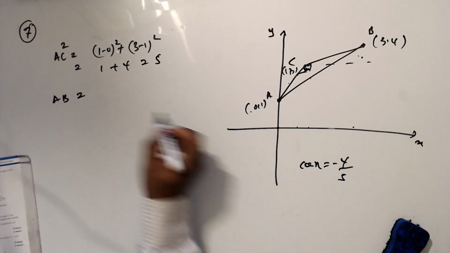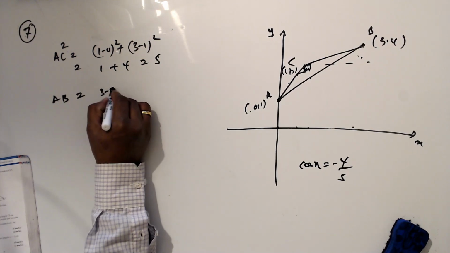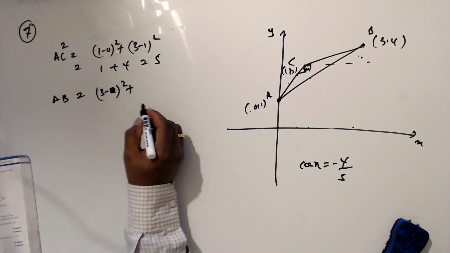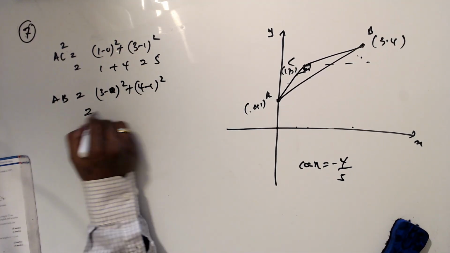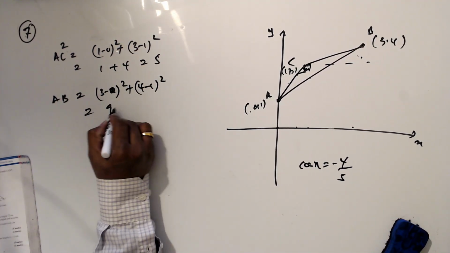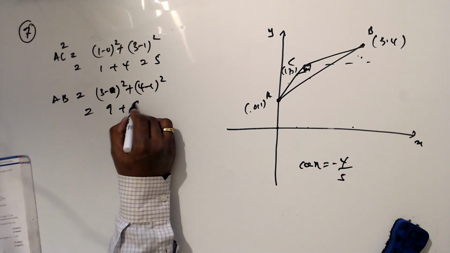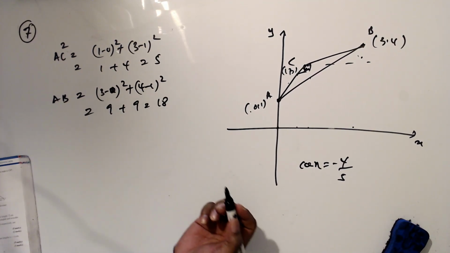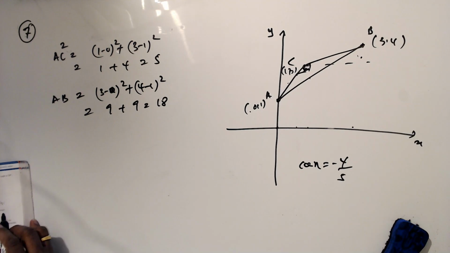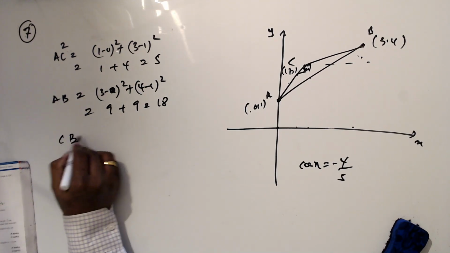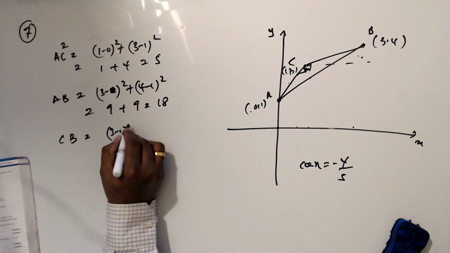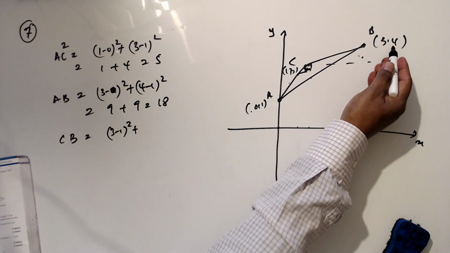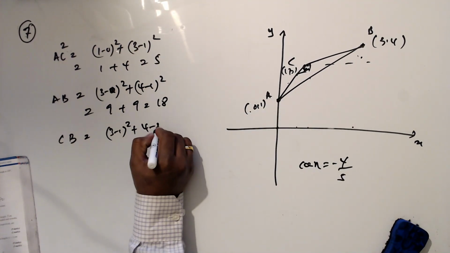x1 minus x2, 0 square, and 4 minus 1 square. So this is 3 square 9, 4 minus 3 square 9, this is 18. And BC, now CB, 3 minus 1 square, x1 minus x2 square, y1, 4 minus 3 square.